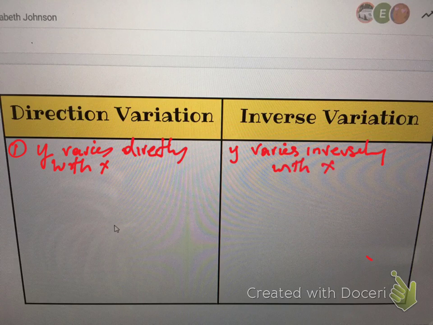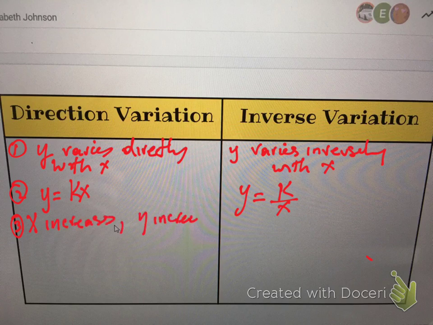And the equation would be y is equal to kx. Over here, y is equal to k divided by x. What else did we say? As x increases, y increases by the exact same factor.